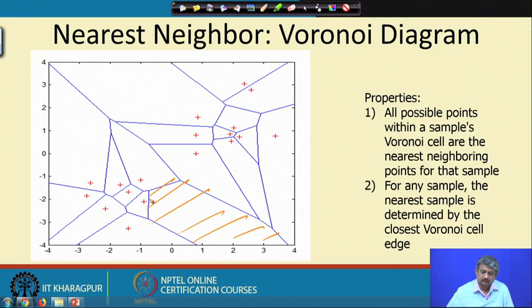Note that the points in these Voronoi cells define some kind of an equivalence class, a partition.